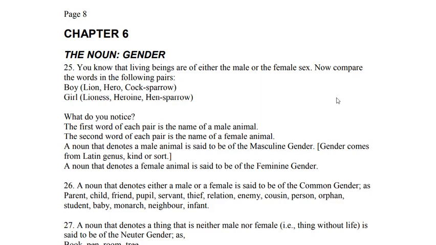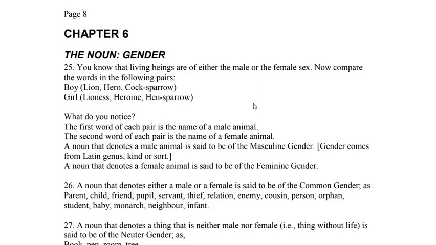Boy and girl, lion and lioness, hero and heroine, cock sparrow and hen sparrow. These are pairs of nouns. The first noun in each pair denotes an animal or a human being of the male sex, and the second noun in each pair denotes a human being or an animal of a female sex.